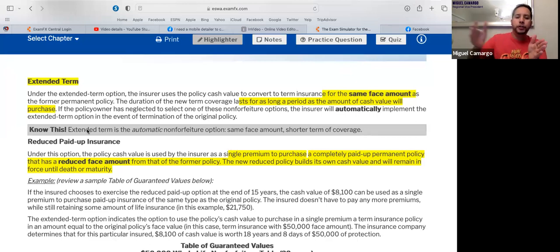But now you're going to extend the life of the policy. You're taking the same money sitting in the cash value, but now you're buying term coverage, because whole life is permanent. You use that cash value to buy a term policy that extends the life of your coverage.